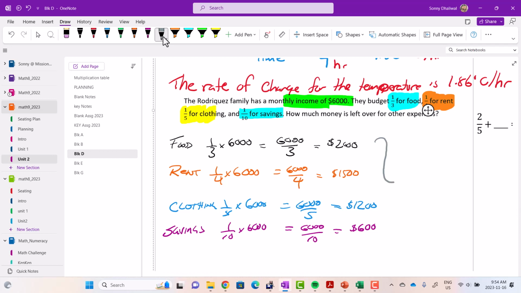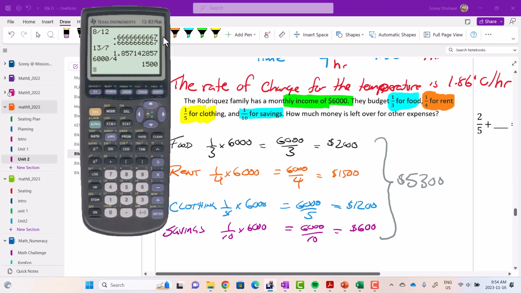They all combine up to how much money? 5,300. Let's just double check. So we go calculator. We get 2,000 plus 1,500 plus 1,200 plus 600, $5,300.